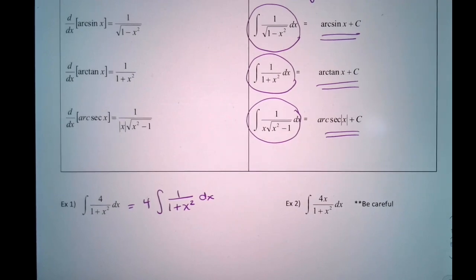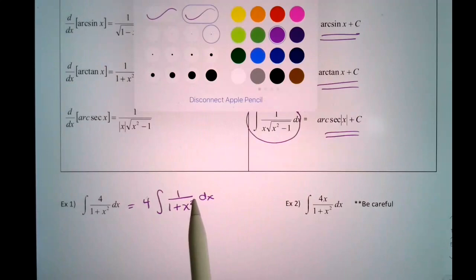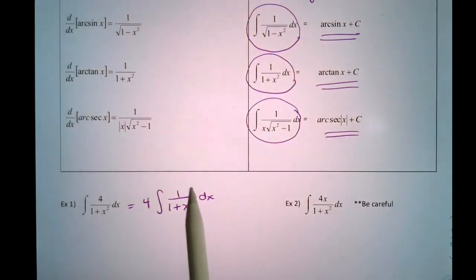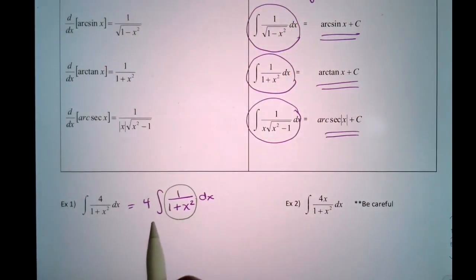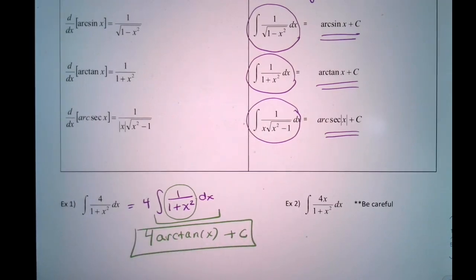So again, you're going to say, I see that as being the derivative of arctan. So that integral is going to collapse to arctan. I'll slap a plus c on it and not forget about that coefficient of 4 that was hanging out.